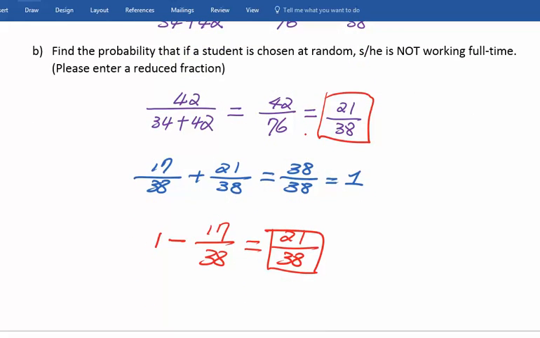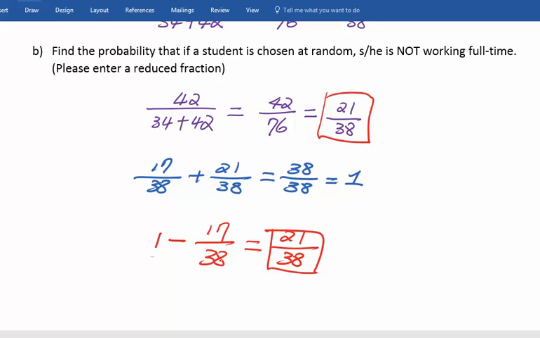And we are going to use this fact, knowing that 17 over 38 fraction of people are working full-time, then 1 minus this fraction is going to be the probability of a student not working full-time.